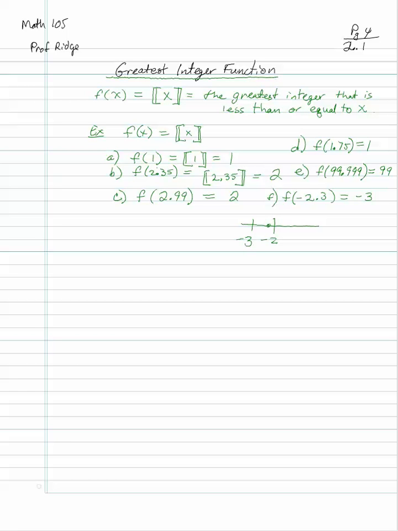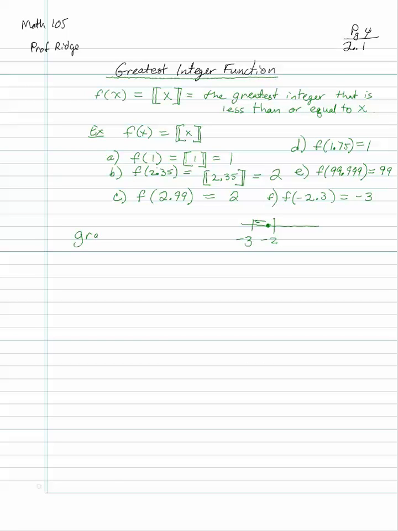Negative 2.3 is right here, and you want the greatest integer that's less than or equal to negative 2.3. So you have to move back. You're always moving back to the last integer you passed if you're moving from left to right. So it's the integer back to the left. You can't be -2 until you actually hit -2, or pass -2 but haven't got to -1 yet. So you have to be careful.